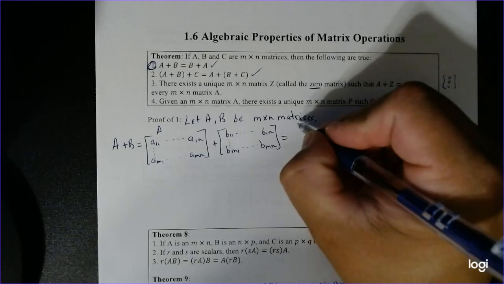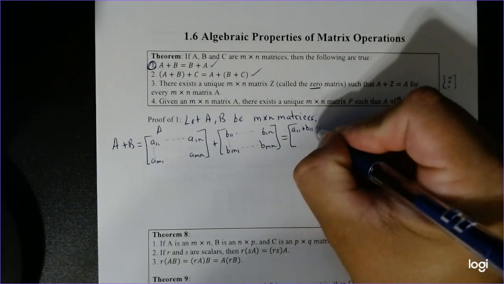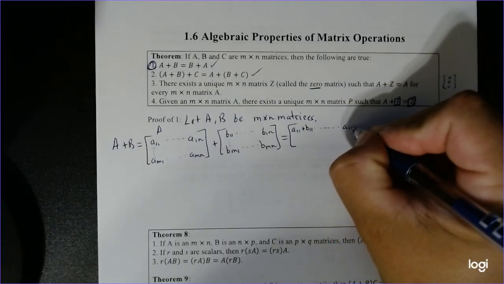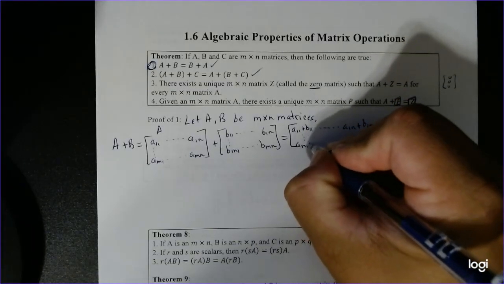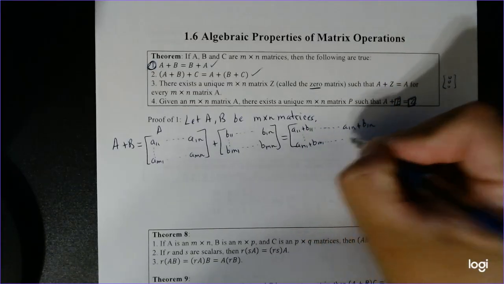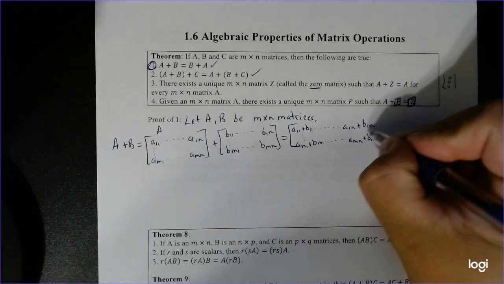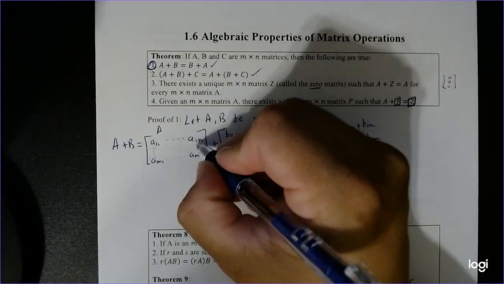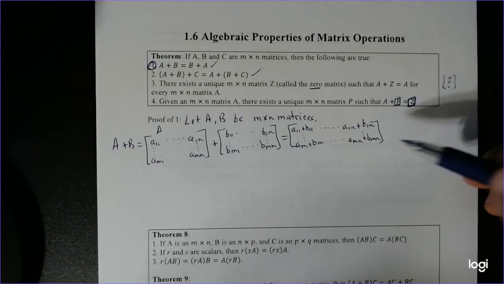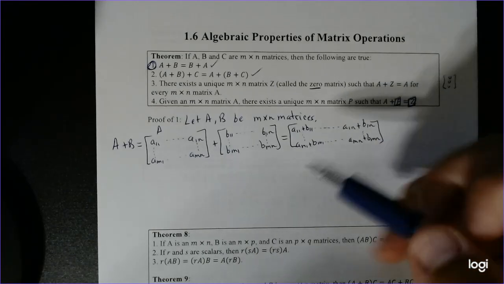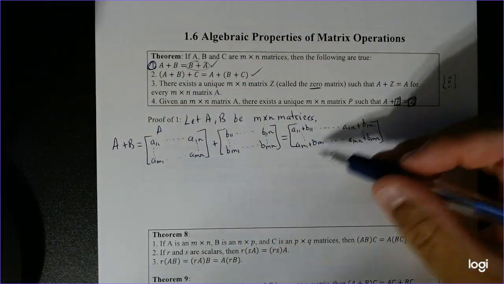Remember, when you add matrices together, you just add entry to entry. Okay, so in this case, you can now split this up if you want, or you could go the opposite way and show that this side does actually equal this portion here. So I'm going to do it the other way.